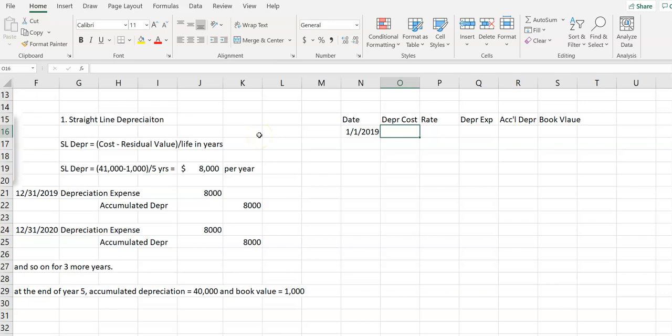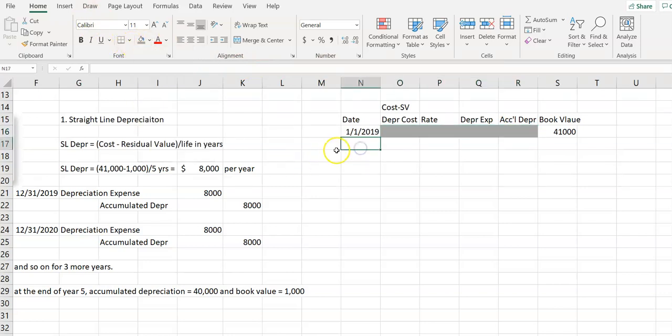All right, my depreciable cost is the cost minus salvage value, or residual value. I'm starting off, this is January 1st. So I'm going to come over here, and when I purchase it, my book value is $41,000. That's what I paid for it. Don't write anything in this top row.